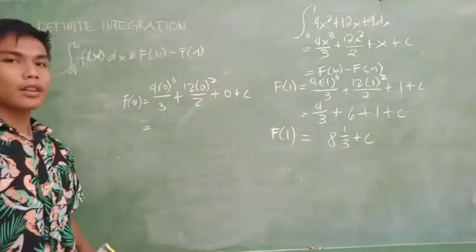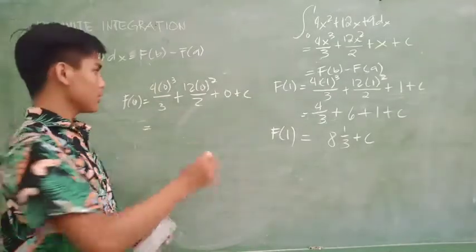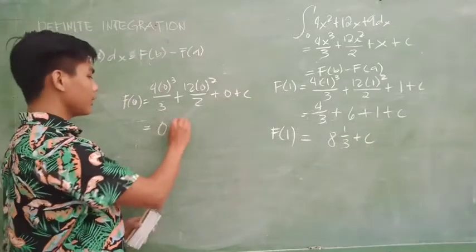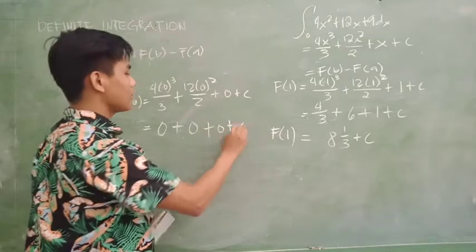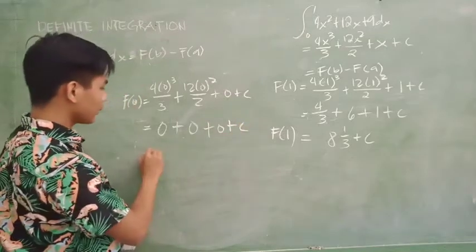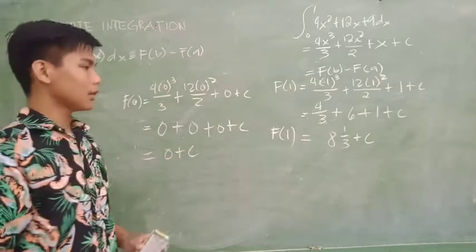And then just simplify. Any number multiplied by 0 is 0. So we'll get 0, and then still 0, and then 0, plus c. And then simplify again. We'll get 0 plus c.